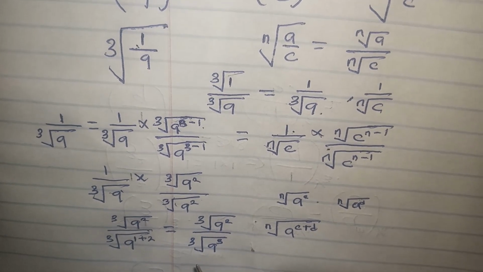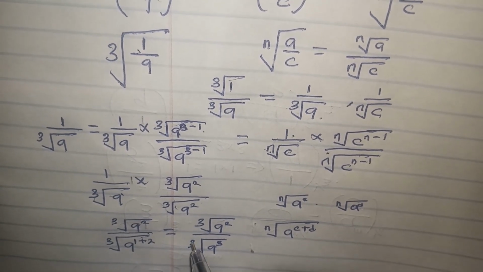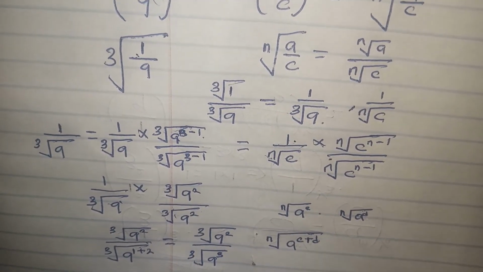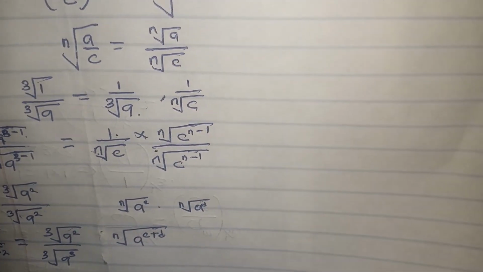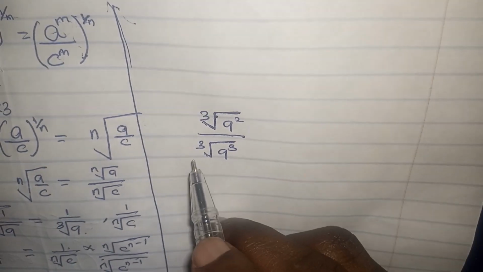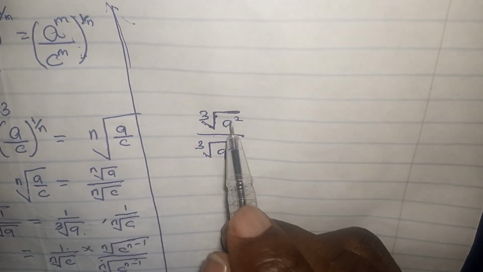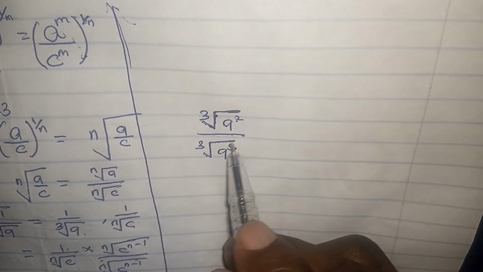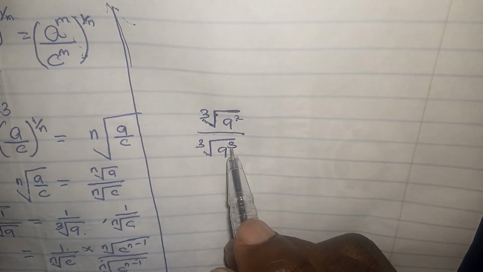Okay, so at this denominator we are going to apply another simple rule. So if you come here, recall we are now having the cube root of 9 square and the cube root of 9 to the power of 3.